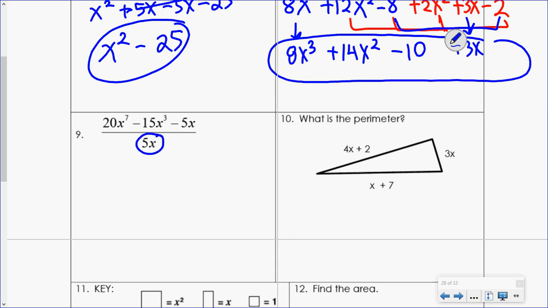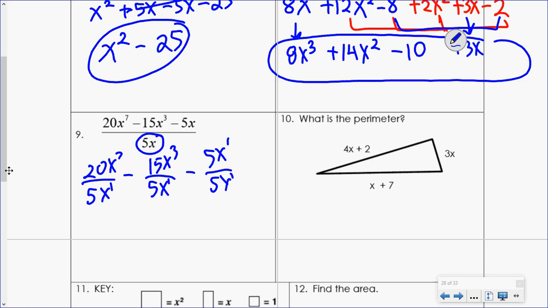Now when we're dividing, it's like having a greatest common factor, and we divide each term by this factor here. So 20x to the 7th divided by 5x to the 1, minus 15x cubed divided by 5x to the 1, minus 5x to the 1 divided by 5x to the 1.